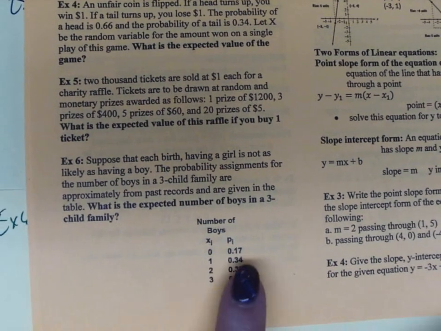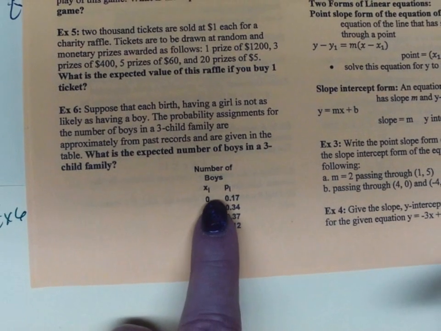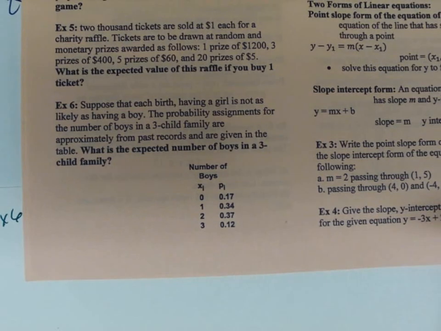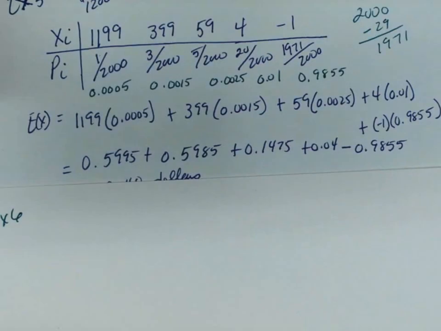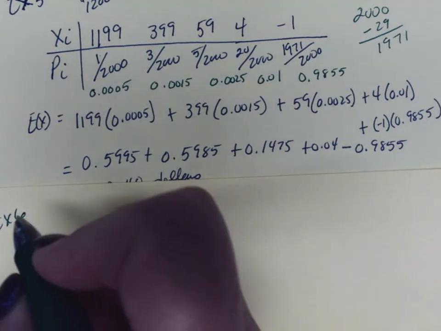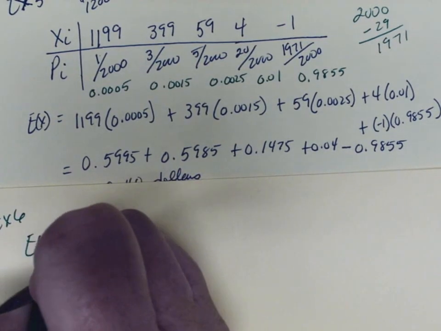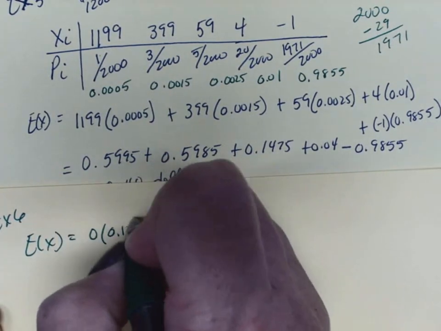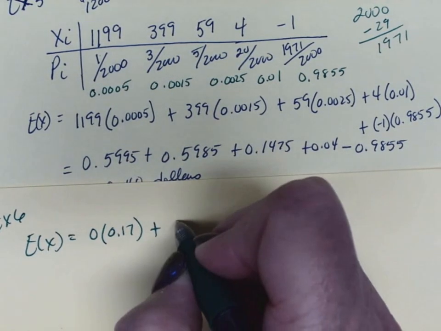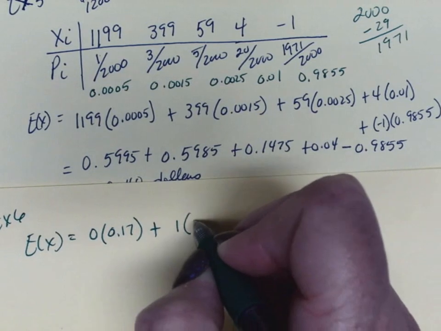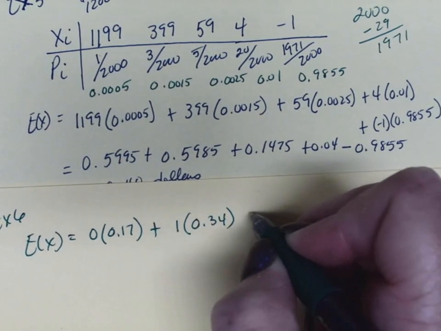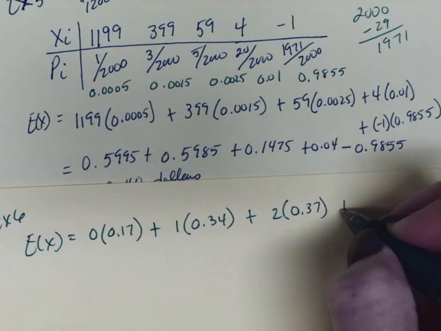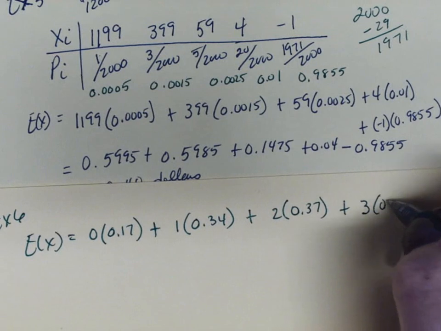So what we're going to do is, again, multiply our X value times our probability value. Our expected value, our E of X, will be equal to 0 times 0.17 plus 1 times 0.34 plus 2 times 0.37 plus 3 times 0.12.